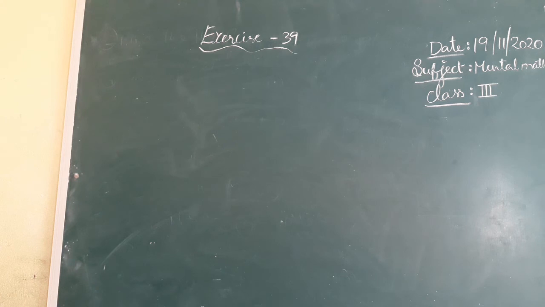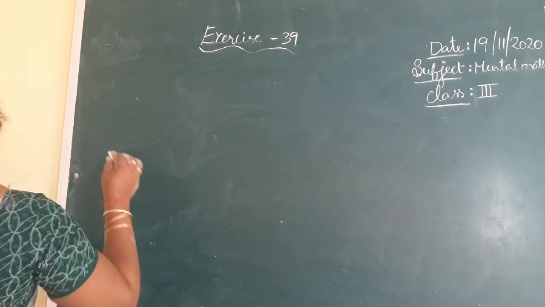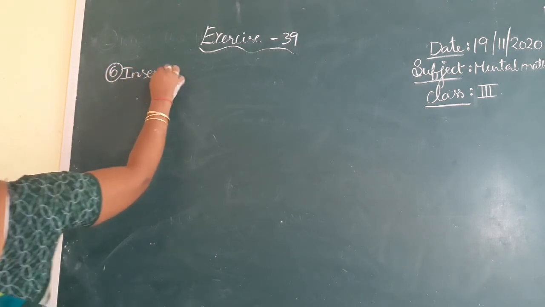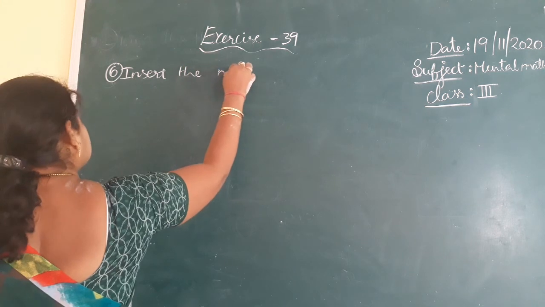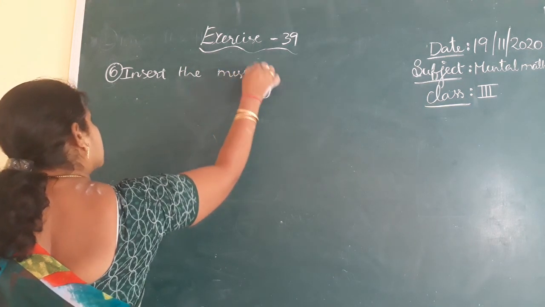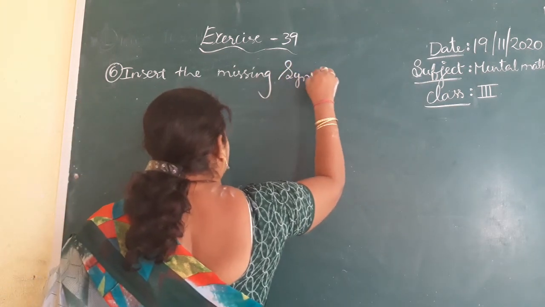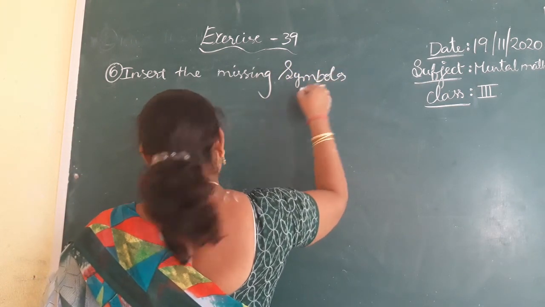See the sixth one. Insert the missing symbols. What are the symbols necessary?